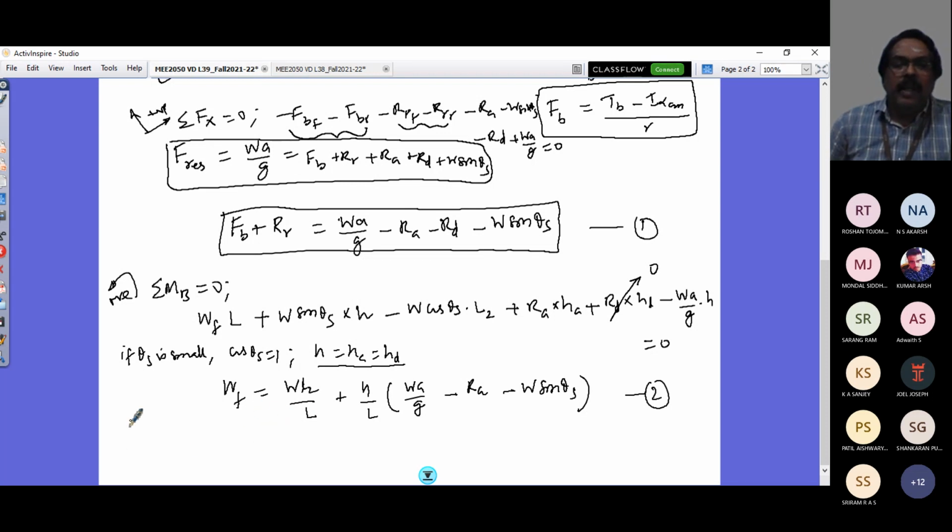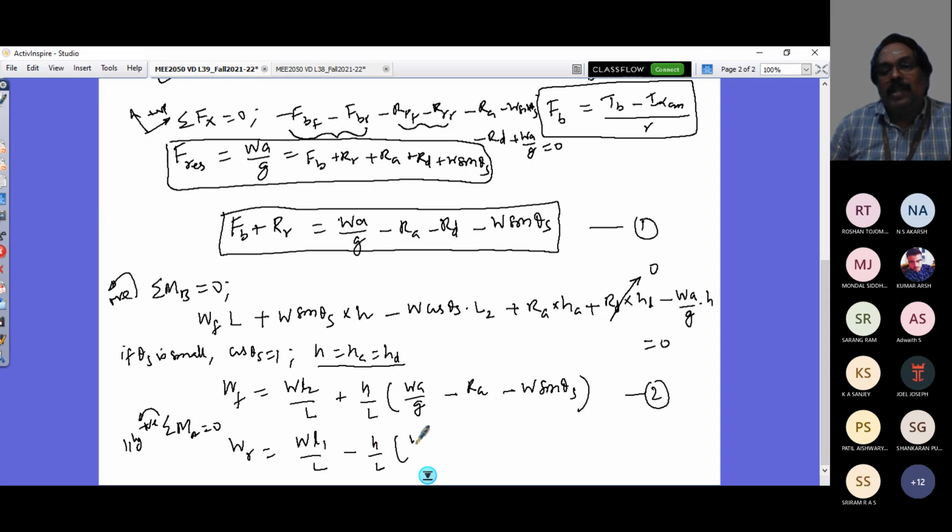So similarly, you can now get WR. That is obtained by taking moment about point A, looking at the free body diagram of the entire vehicle. Then it is going to be WL1 by L, and instead of plus I'll have minus H by L, and will have the same terms inside.